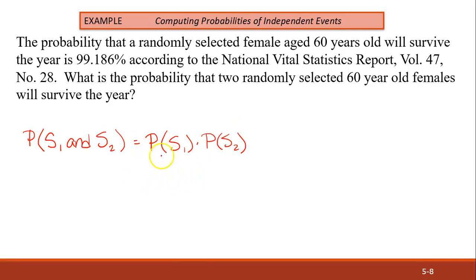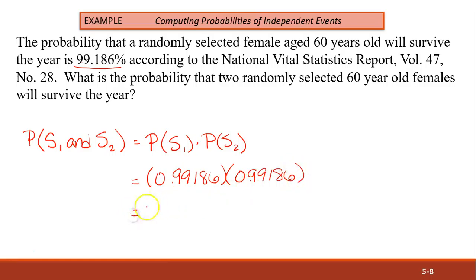Since each of these probabilities is the same percent up here, we multiply that probability times itself, and that is equal to the probability we are looking for.